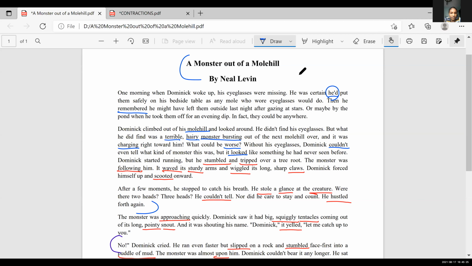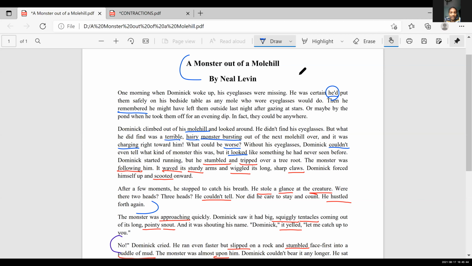Then he remembered he might have left them outside last night after gazing at stars, or maybe by the pond when he took them off for an evening dip. In fact, they could be anywhere. Dominic climbed out of his molehill and looked around.